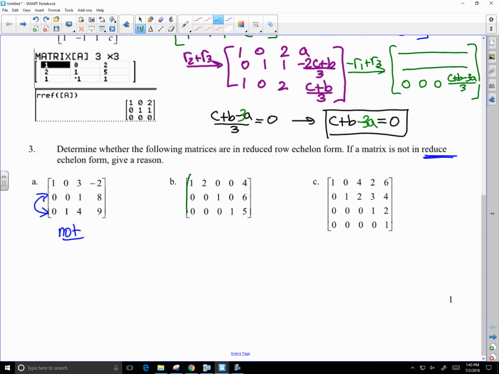All right, so these are the 3 columns that we're concerned with. 2 is not a pivot value because it's not the first non-zero entry, so we're not worried about that. It looks good.